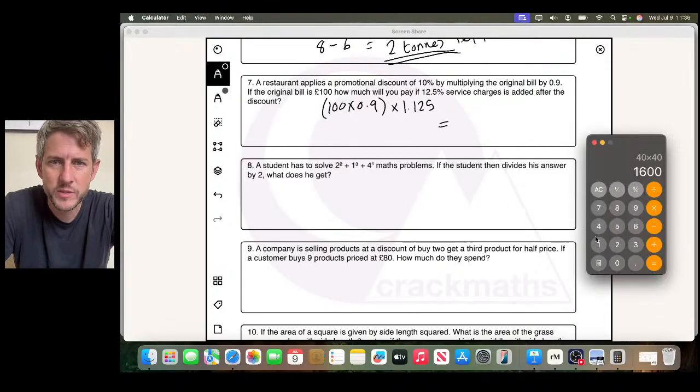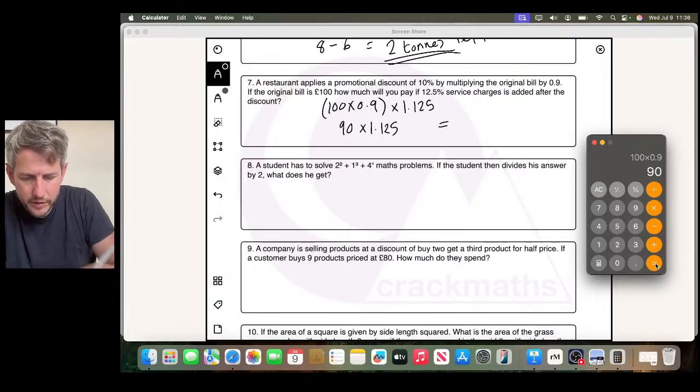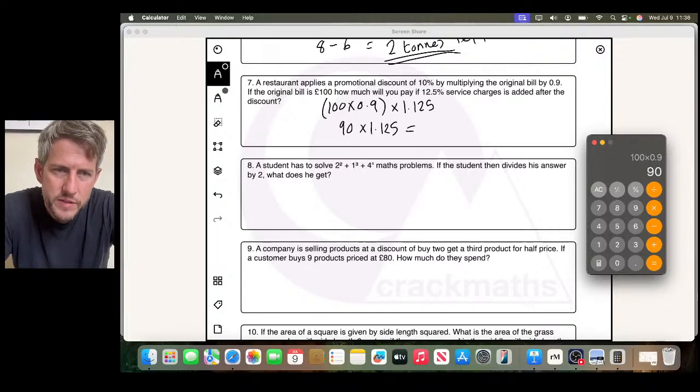So let's work this one out. We've got 100 times 0.9 to start off with. Okay, so that gives us 90. So we end up with 90 times 1.125. Okay, and then let's see what this equals.